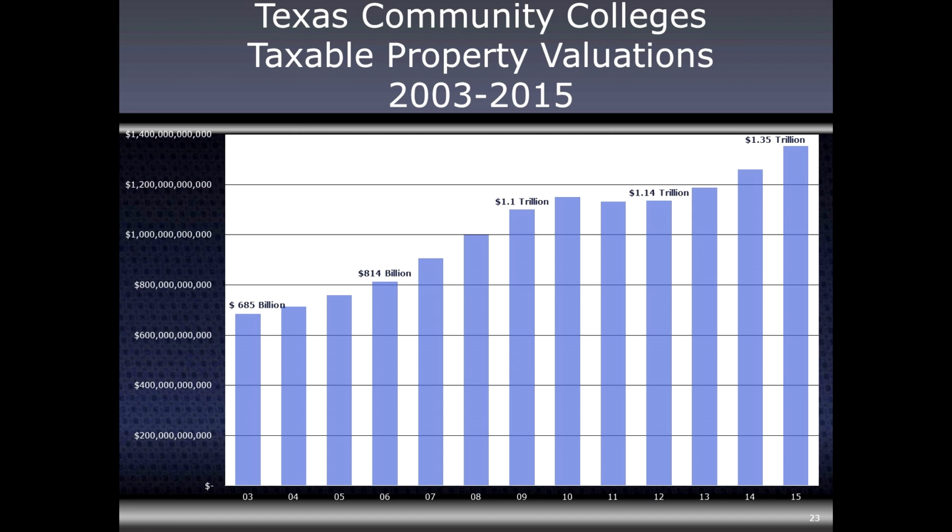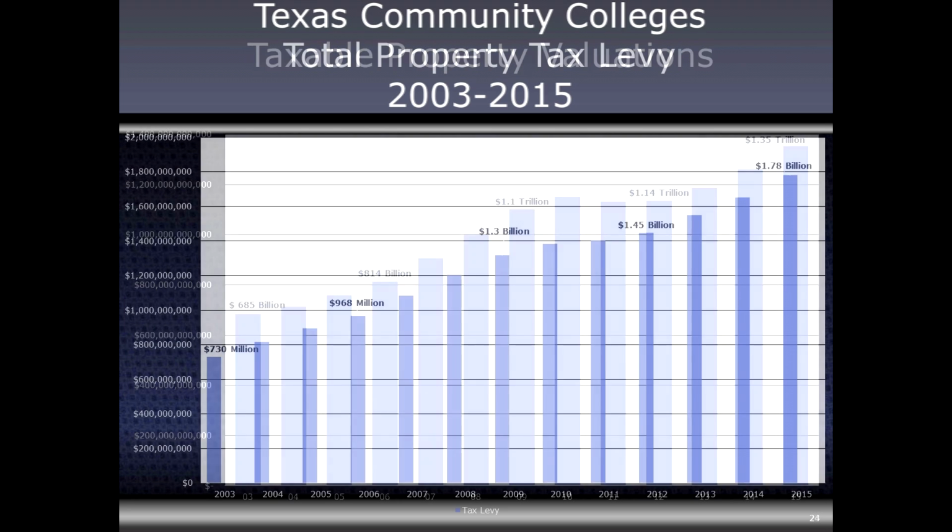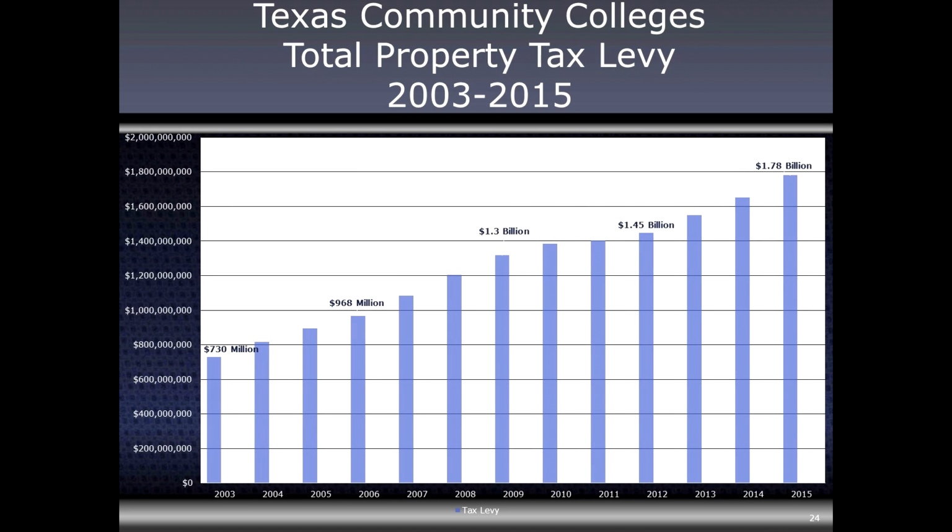If you look at this next slide, it gives you a bar chart of the values, and so you can really see from 2003 those increases in the taxable property tax values. And then if you go one more slide, you can see the property tax levy. This is total tax levy, so it includes the maintenance piece of property taxes, but also the debt service.